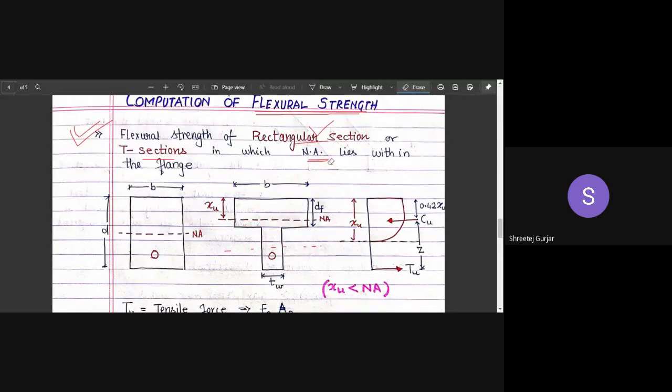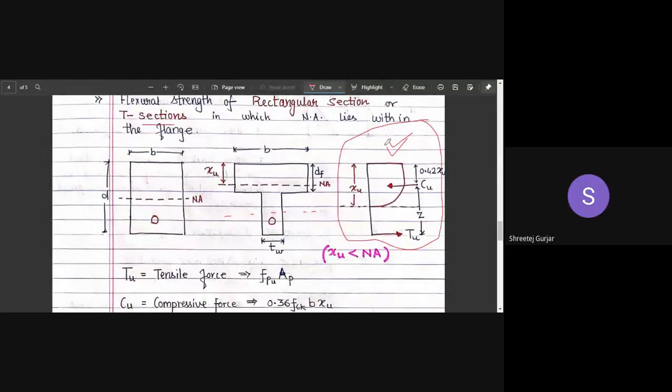So what are these diagrams called? Can you recall what this diagram is called? Something starting with stress. Stress strain parameters.